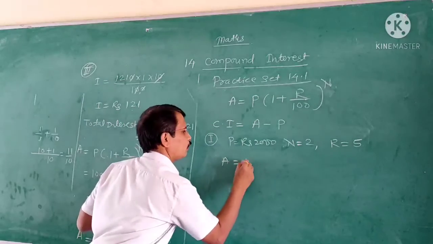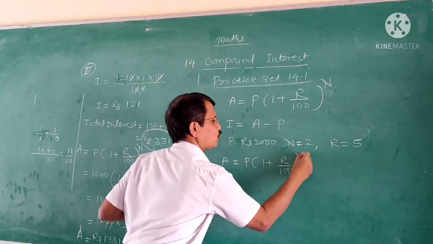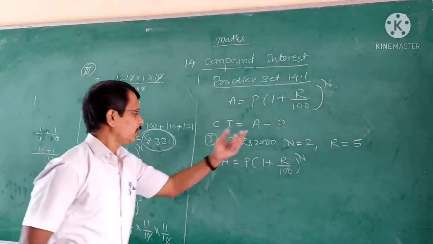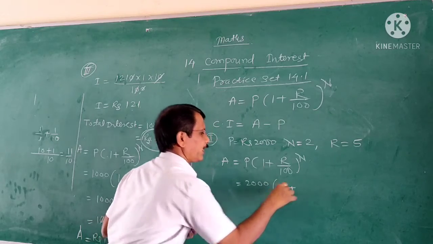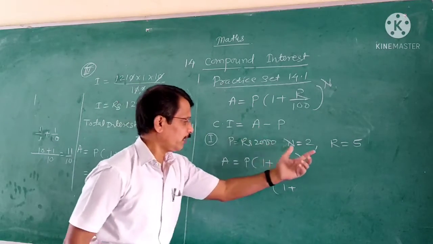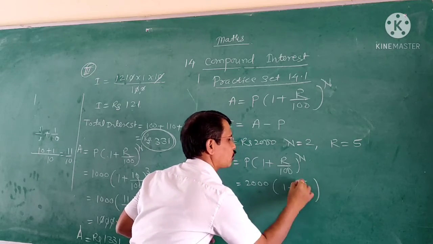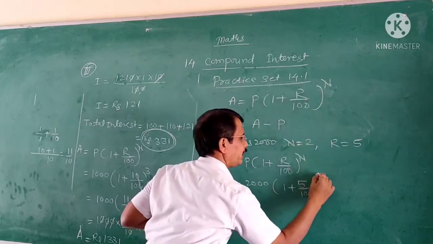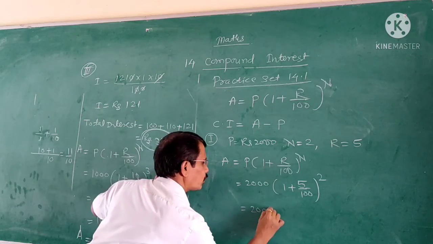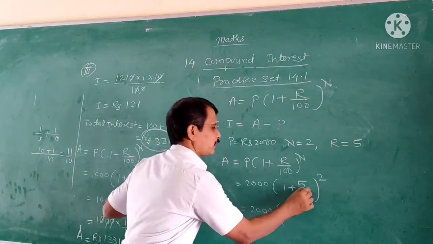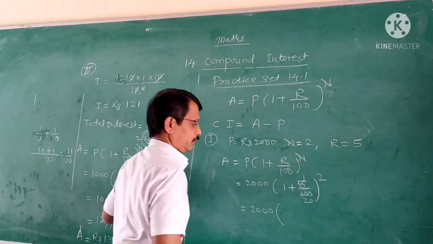A is equal to P into bracket 1 plus R divided by 100 raised to N. Here the value of P is 2000 into bracket 1 plus the value of R is 5 divided by 100, raised to the value of N, which is 2. Simplify this bracket. 5 and 5, 5 to the 10, 0 cancel.